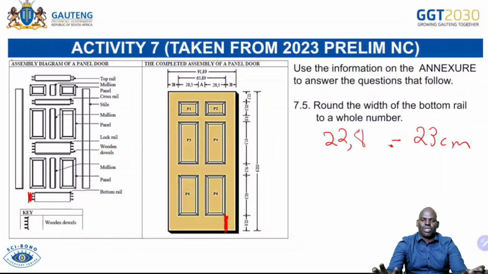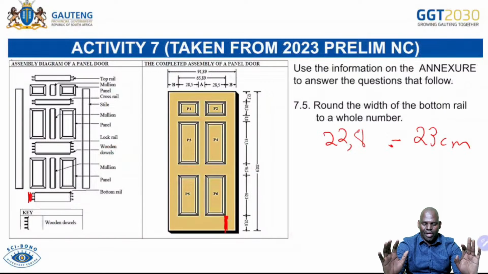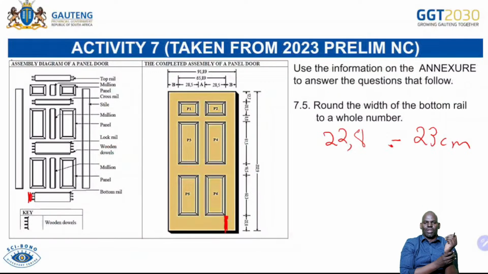Okay, so you can see that from the beginning, from all these types of questions, these are very, very, very easy marks. It's just a matter of looking at the items or the pictures, and then you answer the questions looking at the information that is given. Sometimes, in most cases, you don't even need to scratch your head.